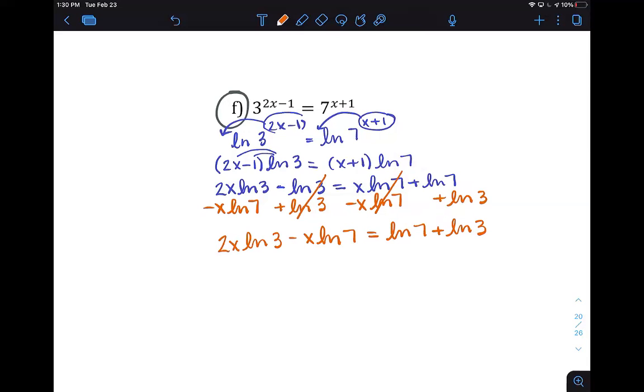We're almost done. We only want one x, so we're going to take a GCF of x, factor that out. And then to get x by itself, we're going to divide.